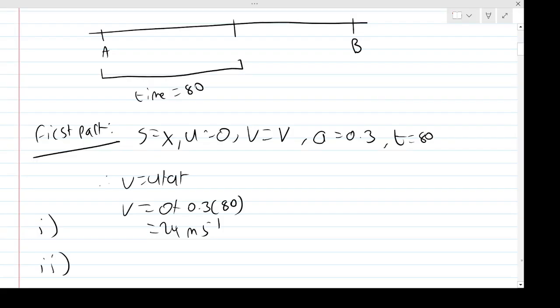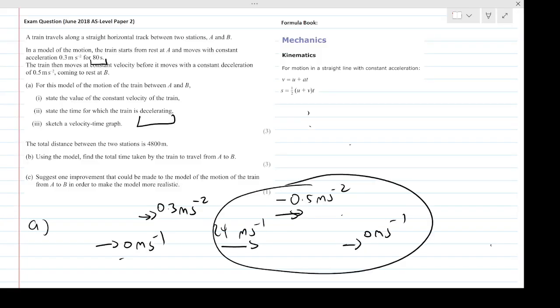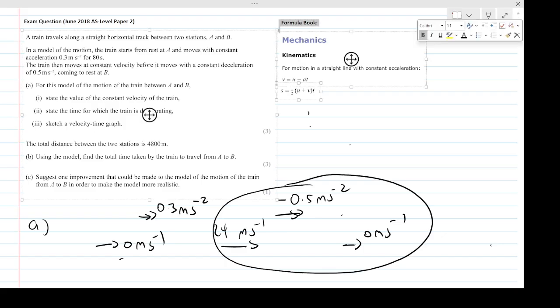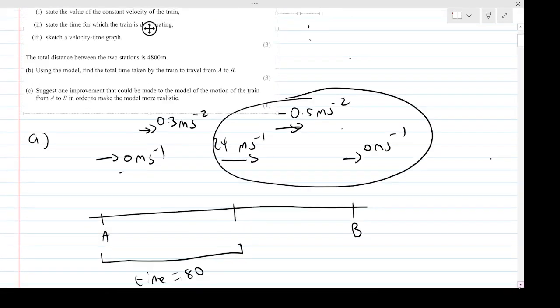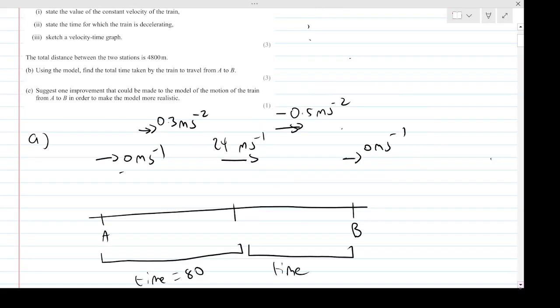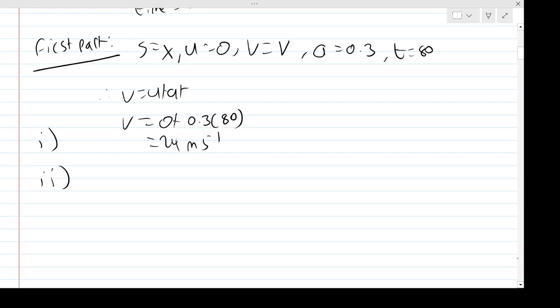Then the second part: we need to state the time for which the train is decelerating, which is negative acceleration again. We know the initial velocity is 24 and the final velocity is 0. So again for this second part we can use SUVAT.